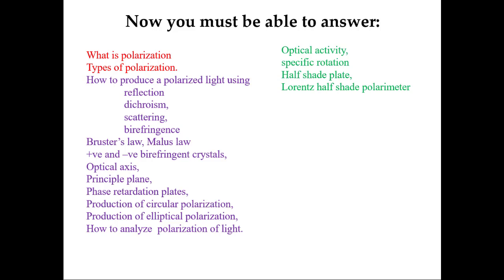In birefringent materials, you must be able to define the optic axis, principal plane, phase retardation plates, and the procedure to produce circular polarization and elliptical polarization, as well as the method to analyze the state of polarization of light. Along with these, optical activity, specific rotation, half-shade plate, and Lorentz half-shade polarimeter must be explained by you easily.